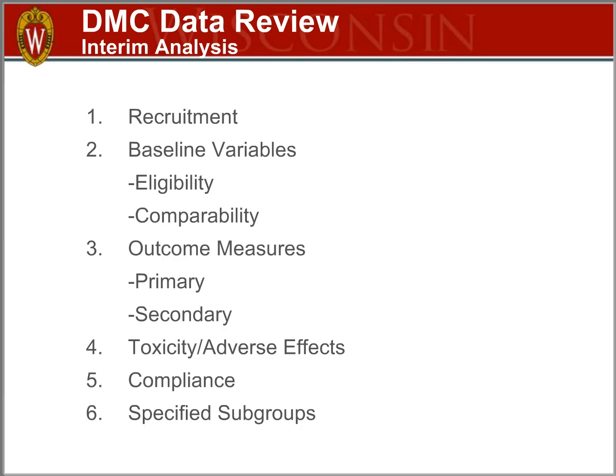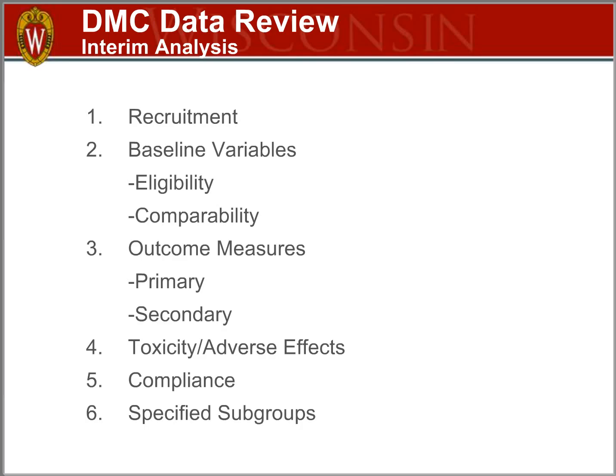For a variety of reasons, they want to understand whether the patients in the trial are really eligible, and they'll also want to check on the comparability of the two arms of the study, the control arm and the new experimental arm. Obviously, they will look at outcome measures to assess benefit, both the primary and the secondary outcomes. And for safety, they'll look at both serious toxicity and other adverse events.